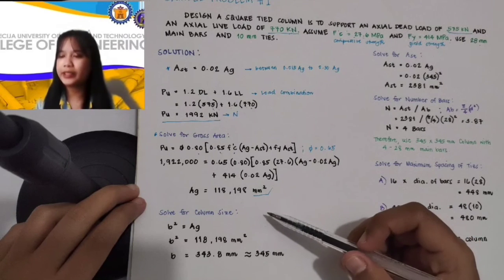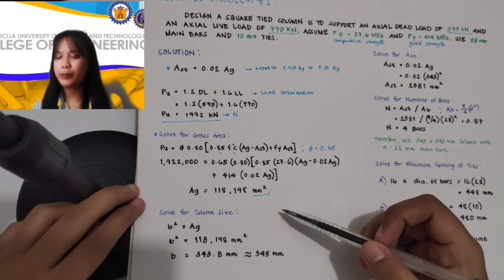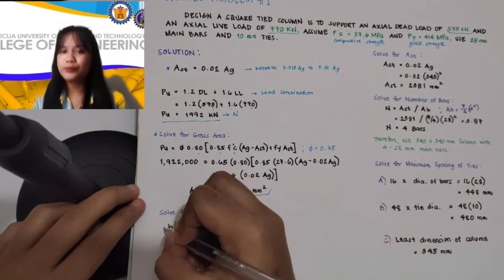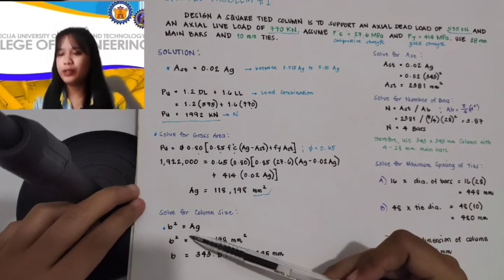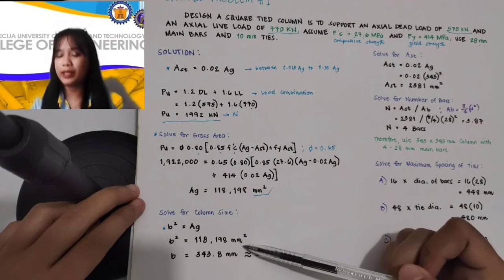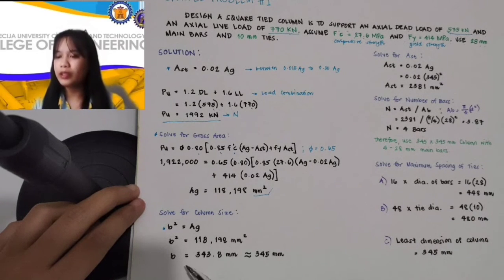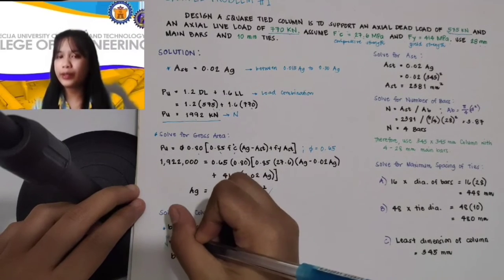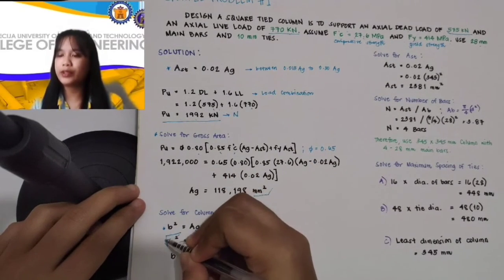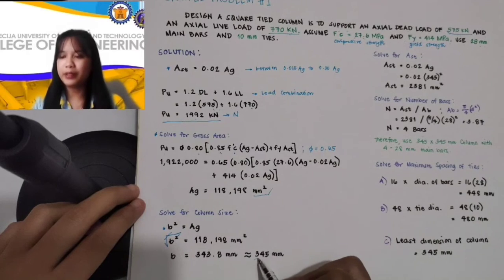Since we are designing a square tied column, we will have the formula b squared is equal to Ag. So b squared is equal to 118,198 square millimeter. For the dimension of our column, the square root of b squared is equal to 343.8 millimeter, approximately 345 millimeter.